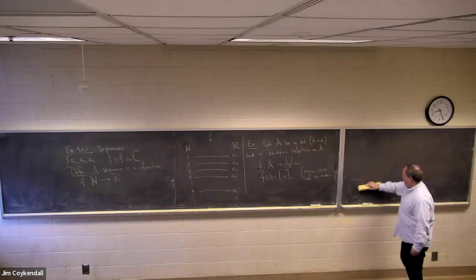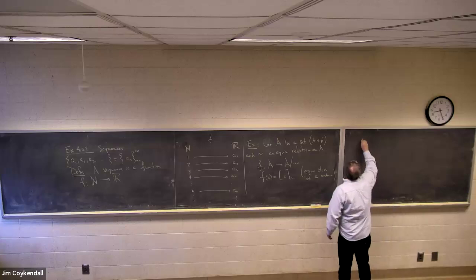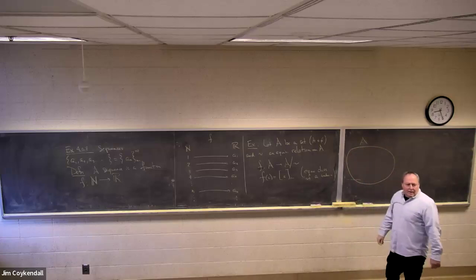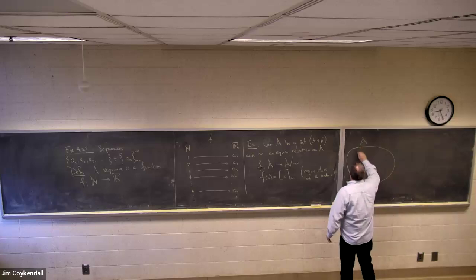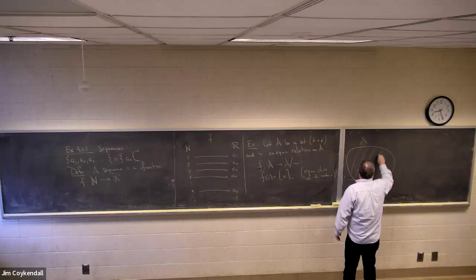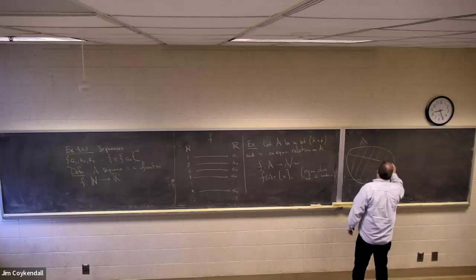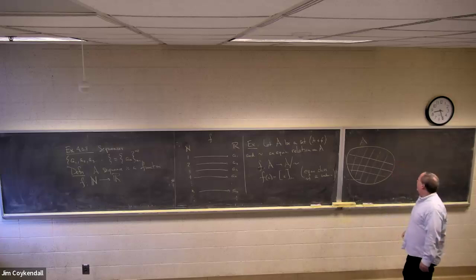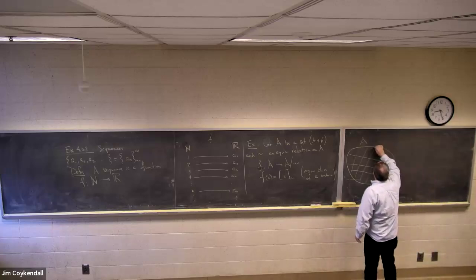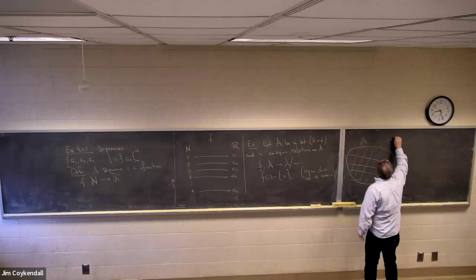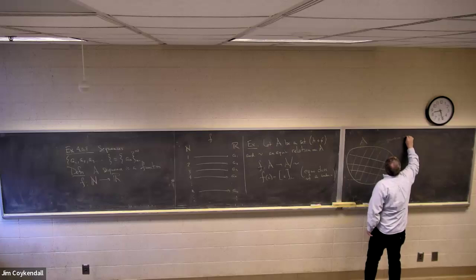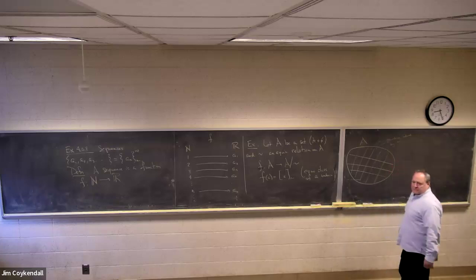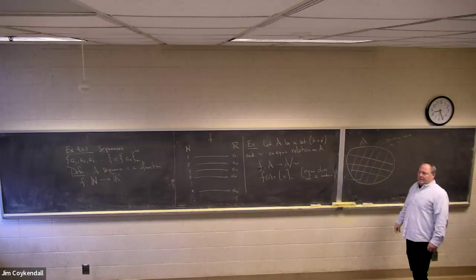Here's sort of how this works. Here's the set A. One of the things we know about the equivalence classes is that they are the partition induced by whatever its equivalence relation is.